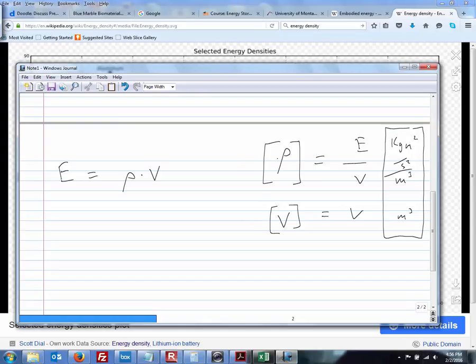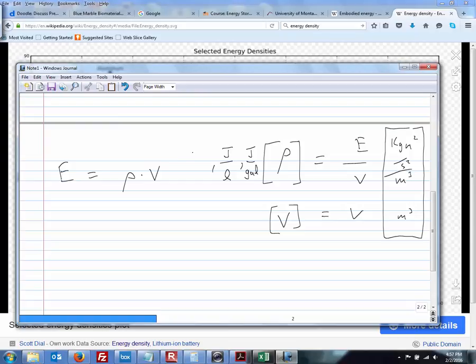And I'm going to start with density as joules per liter, or joules per gallon. And then ultimately, well, I guess I'll write one more.